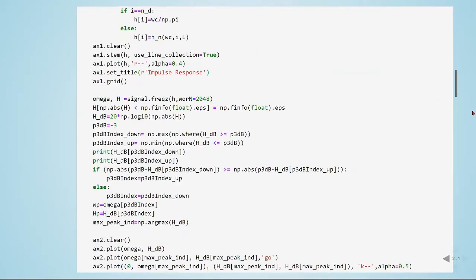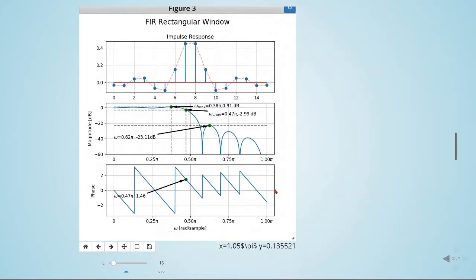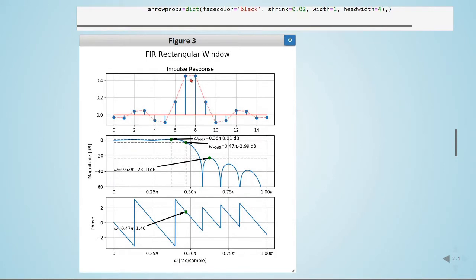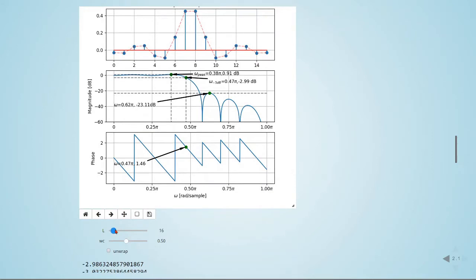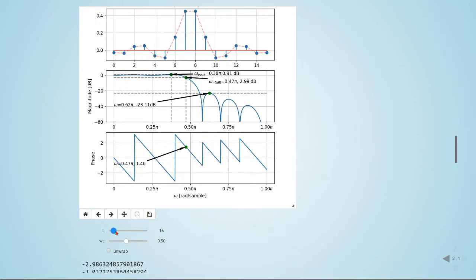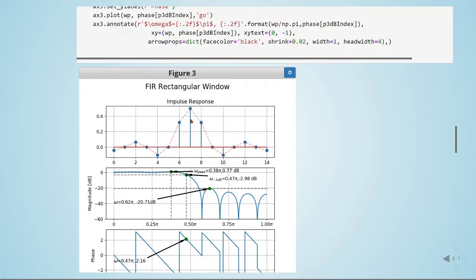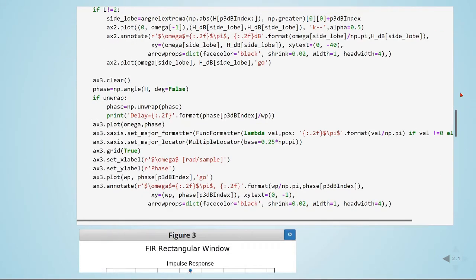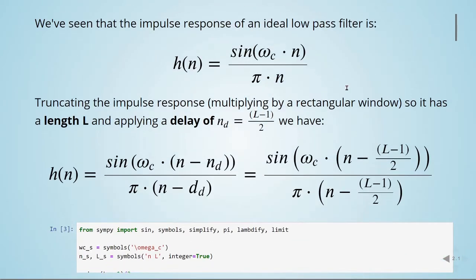So we can see here there's this big difference, because for even there is supposedly a value at 7.5 when we're using 16, but if we go for example to 15, then we need this value here, and when n is equal to the delay, we would end up with what we discussed before.